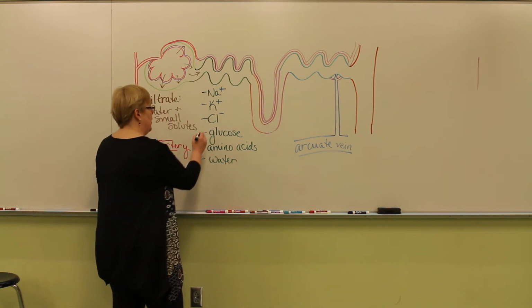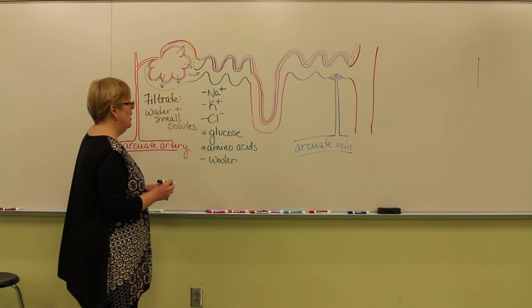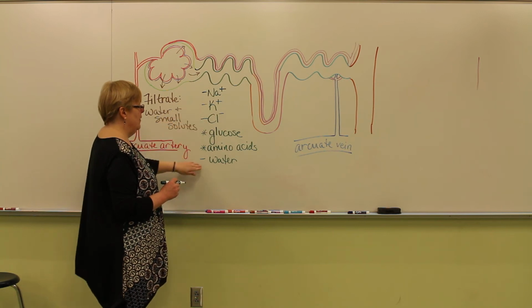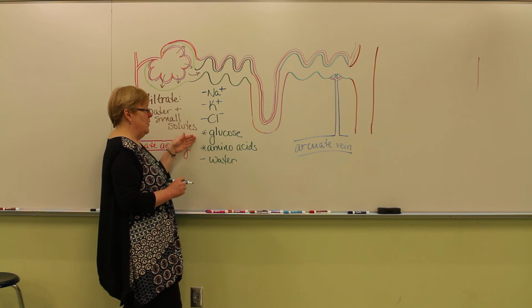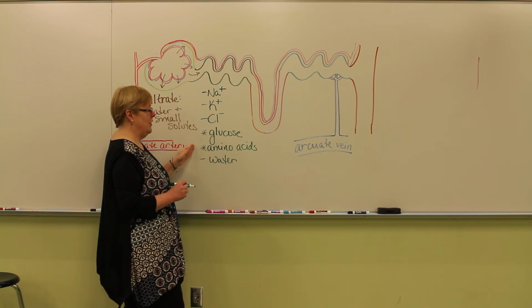Okay, now I do want to talk about the glucose and the amino acids for just a moment, because we're going to see that there are other places where we can reabsorb ions and water, but there is no other location in the renal tubule where we can reabsorb glucose and amino acids.